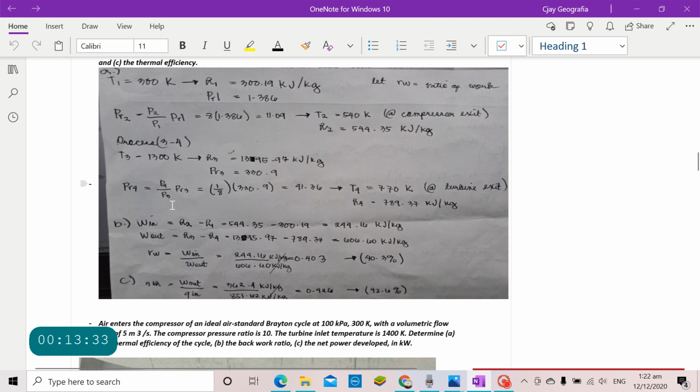So PR4 is equal to P4 over P3. This is the formula we introduced in the upper part of this discussion, and this is how you will solve it.